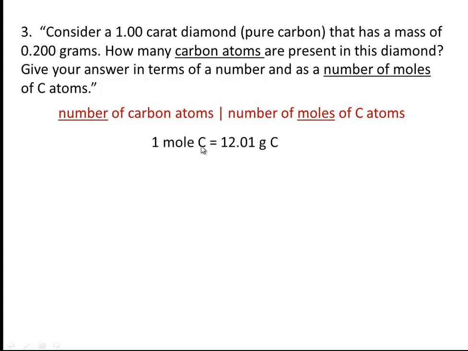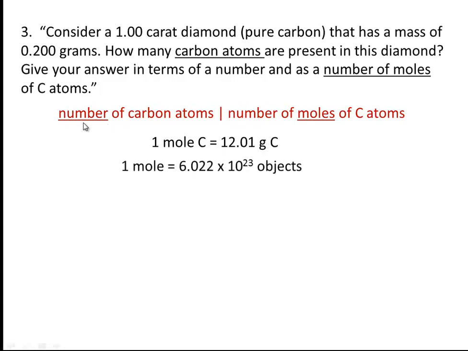You know that 1 mole of carbon atoms has a mass of 12.01 grams of carbon. I've demonstrated twice how you find molar masses from the periodic table. When you see carbon, you'll see the atomic weight is 12.01. If you have that many grams of carbon, you have 1 mole of carbon.